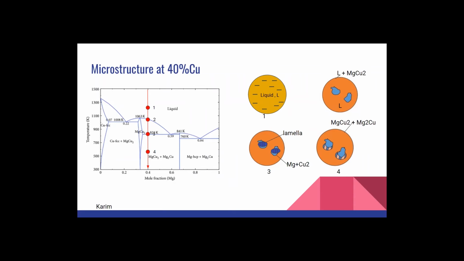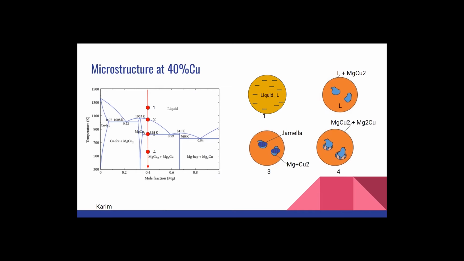Microstructure at 40% Cu. First, at point 1, we have a microstructure that is only liquid. At point 2, approximately at 1060 Kelvin, the MgCu2 started to form.